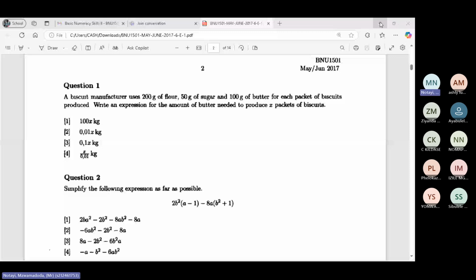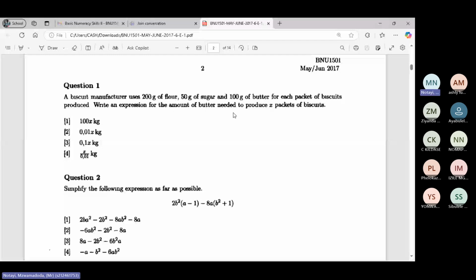Okay, there's a question. A biscuit manufacturer uses 200 grams of flour, 50 grams of sugar, and 100 grams of butter. So the question says, write an expression for the amount of butter that is needed to produce X packets of biscuits.